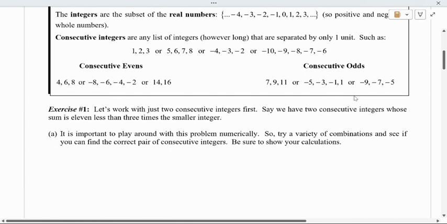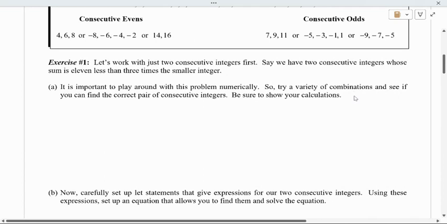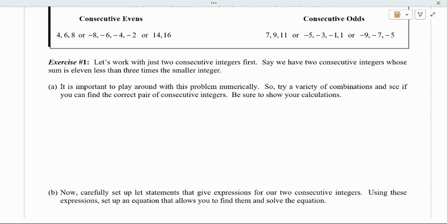So we're going to talk about just using some guess and check first. We're working with two consecutive integers. I'm going to start off with like 4 and 5, and we're just going to see if this works. We want to take two integers whose sum, what does that mean?